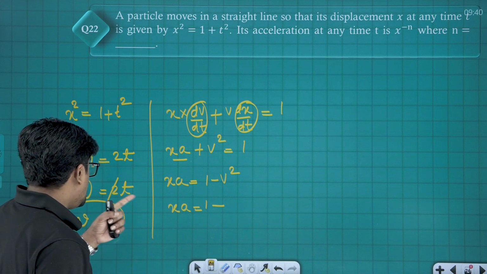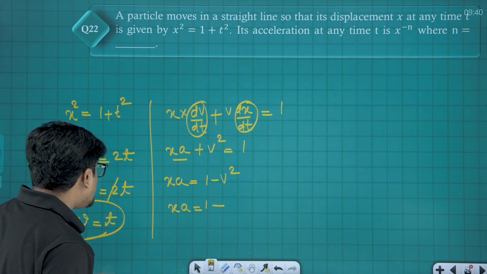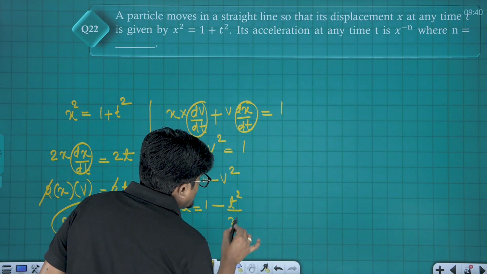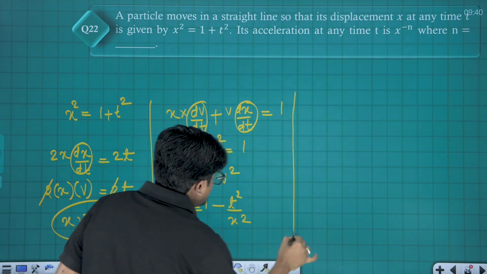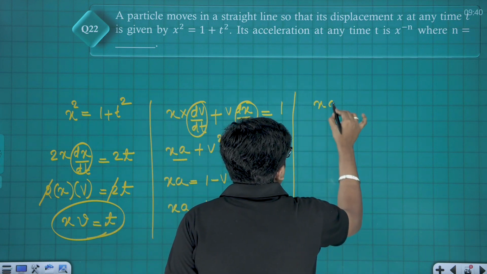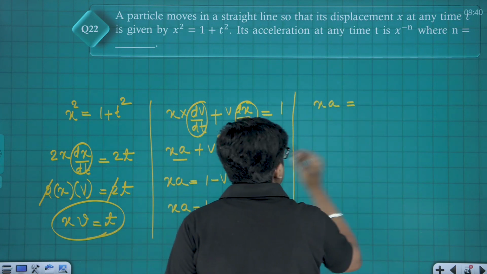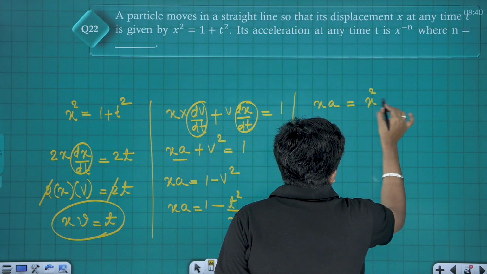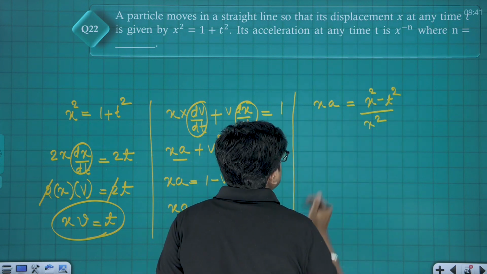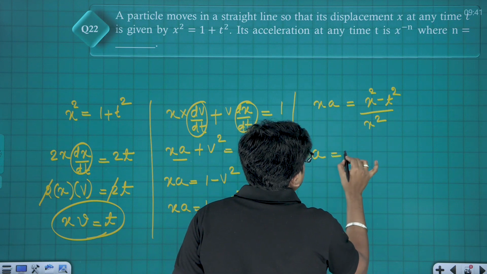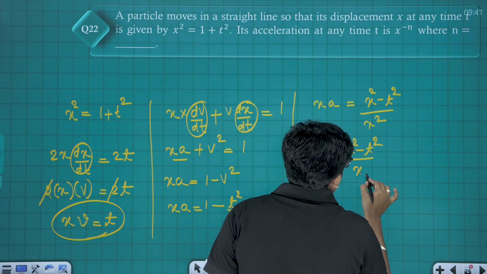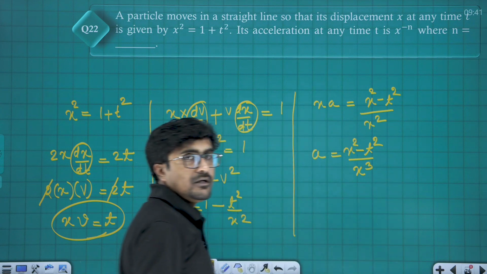So v square is going to be t square by x square. Now I have x into a is equal to x square minus t square upon x square. Or I can say a is equal to x square minus t square all divided by x cube. Is that fine?